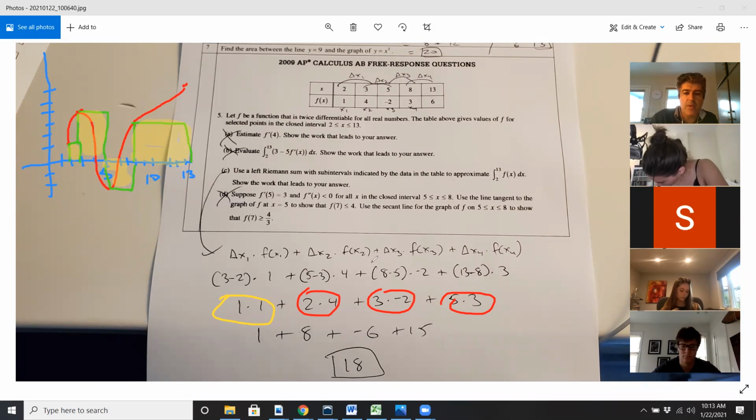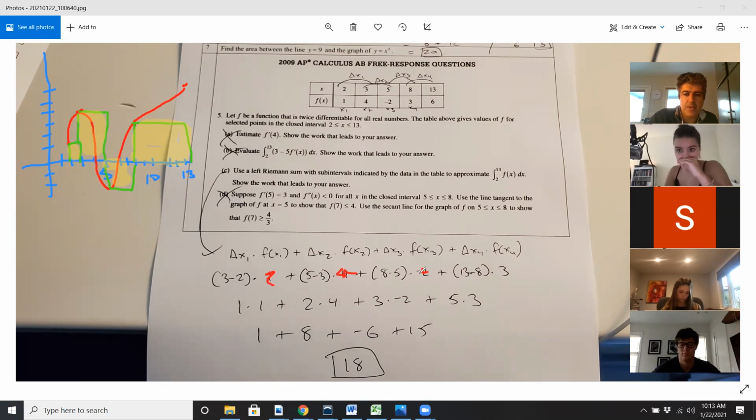And now if I did as a right Riemann sum, the only difference, you keep the same width of the intervals, but you're not going to use these values you see. Instead, you're going to be using the right endpoint. So now I'm going to put 4 here, -2 here, 3 here, and 6 here. And if you wanted to visualize it, let me erase some of these things here.